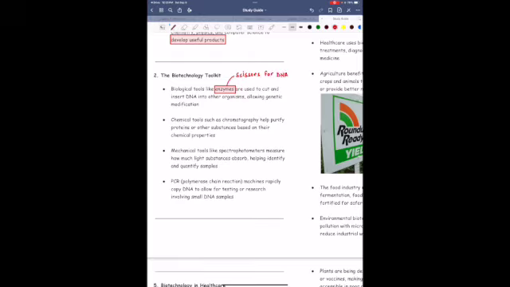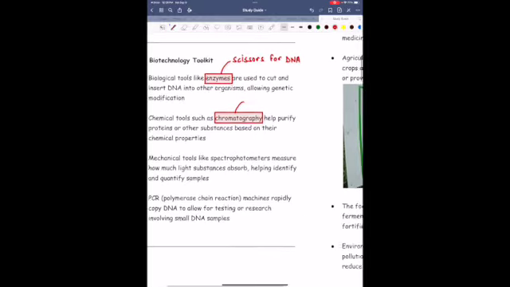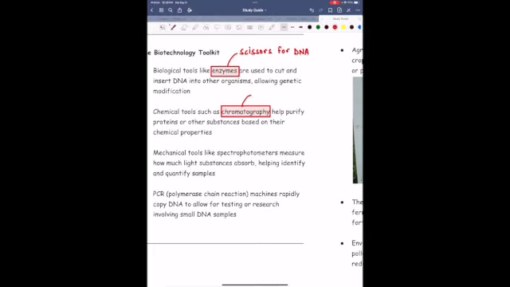They're used to cut and insert DNA into other organisms, which allows for genetic modifications. Tools like chromatography help purify proteins or other substances based on their properties. So chromatography is really about separating molecules by how they move.